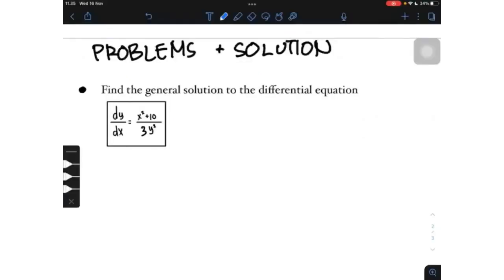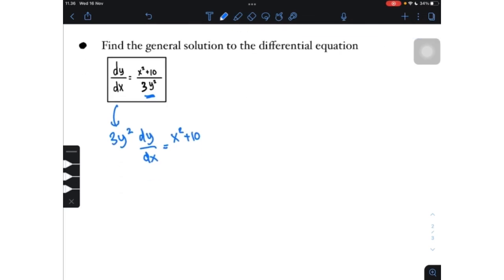For this one, find the general solution to the differential equation, which is dy divided by dx equals x squared plus 10 divided by 3y squared. The first step, we will move the 3y squared to the other side: 3y squared times dy over dx equals x squared plus 10. After that, we use integrals to find the solution.